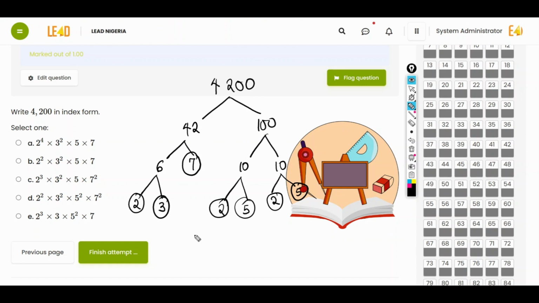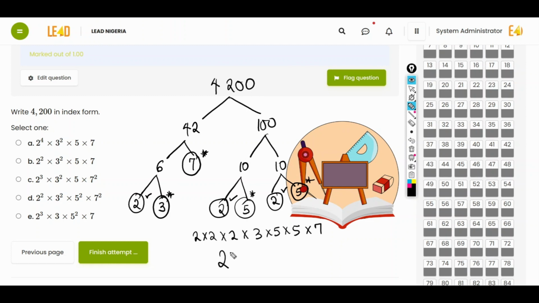So I have 2 times 2 times 2 times 3 times 5 times 5 times 7. I was just checking that I was right.